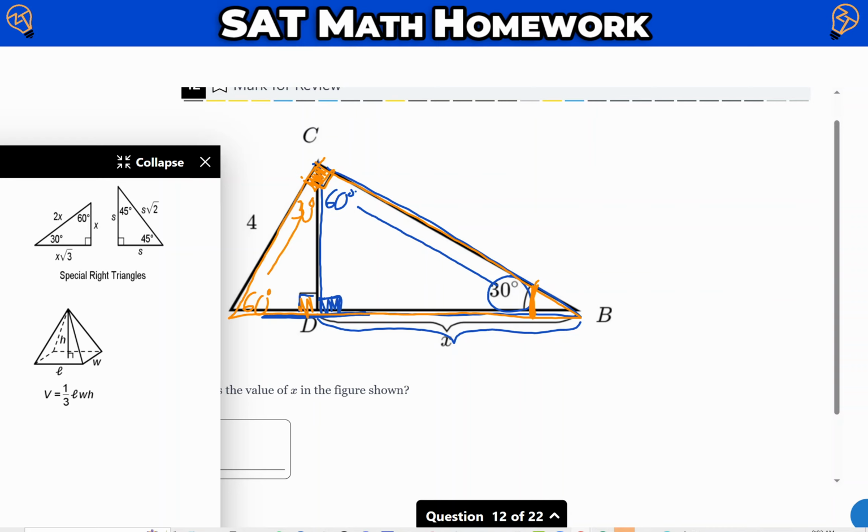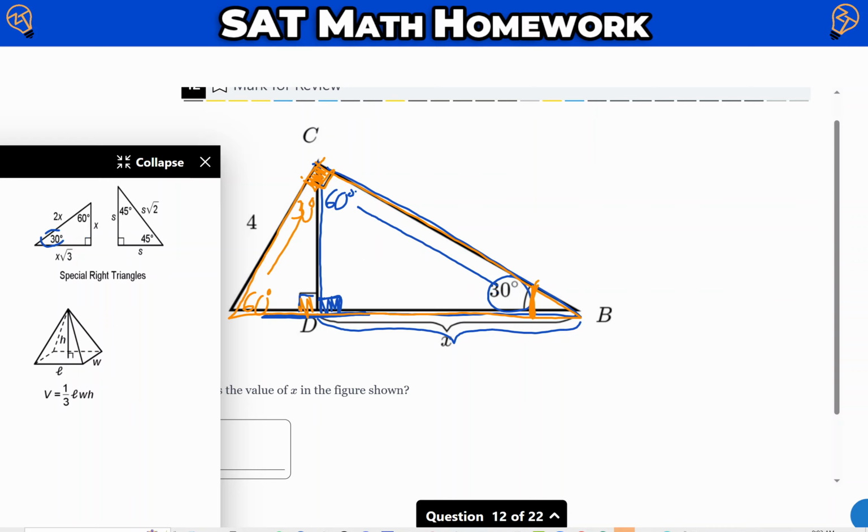And so what we're going to do is label the sides accordingly. So notice across from the 30, they label it as X. So across from this 30, we could actually label that side as X, but let's look at the triangle where we already know a side, which is this 4. In other words, the overall large triangle.